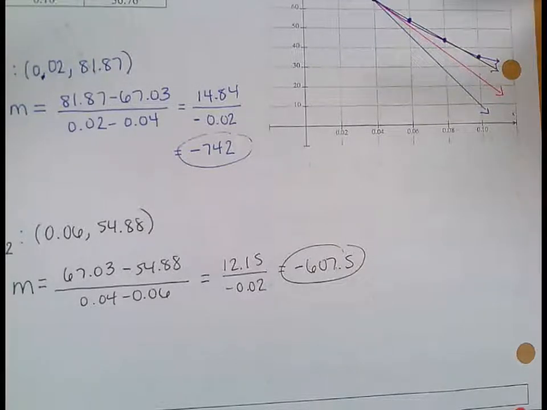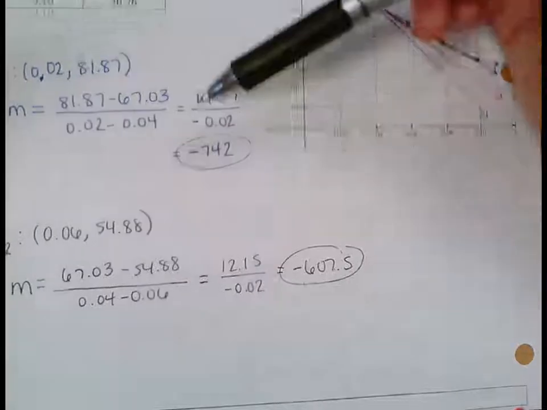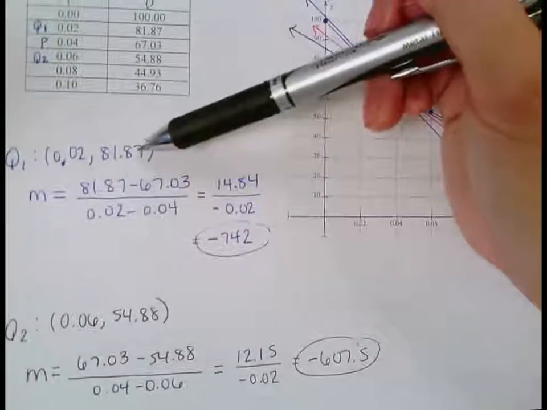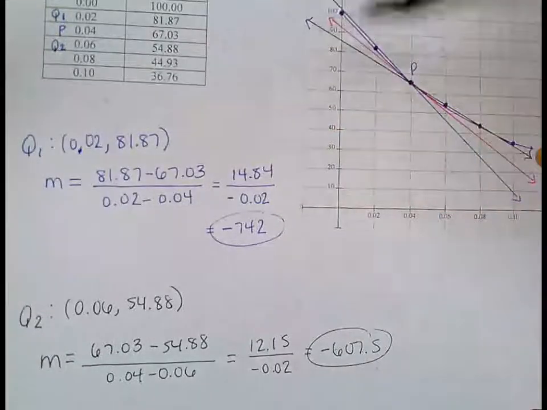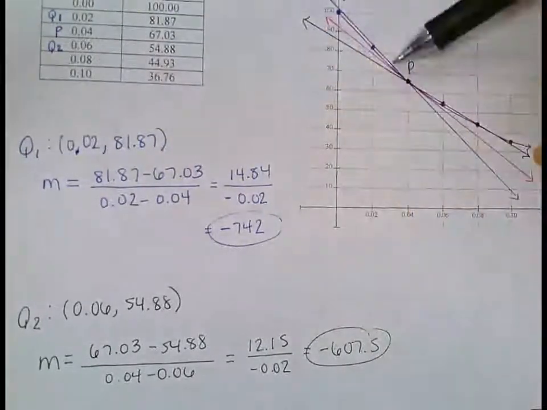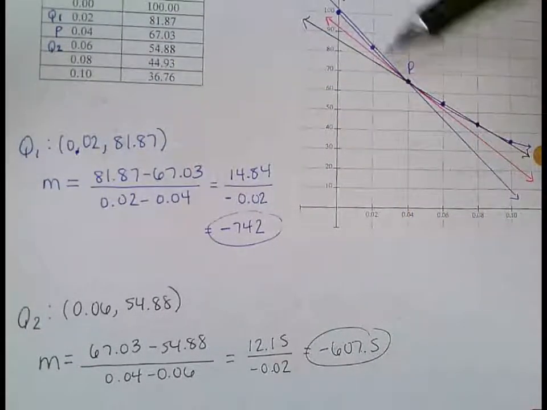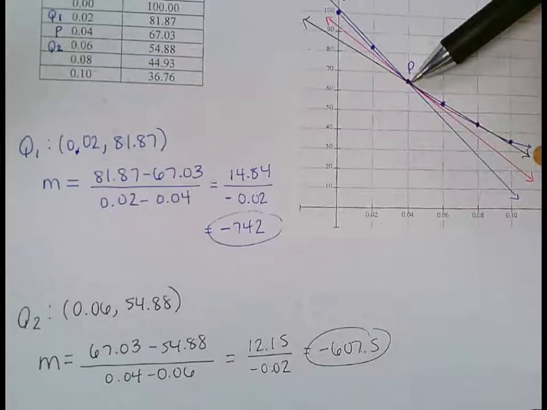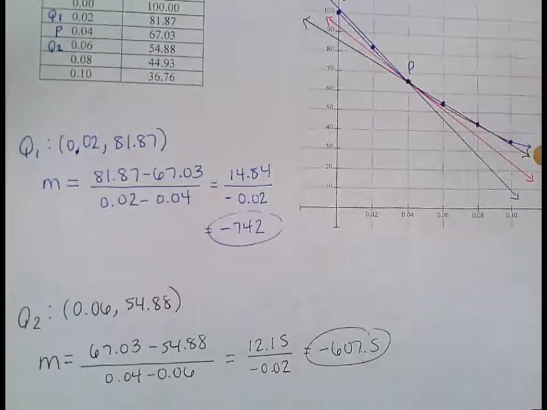These ones were specific: the blue one was through the point P and through this point. So I actually drew it through those 2 points, if you're drawing in the secant line.